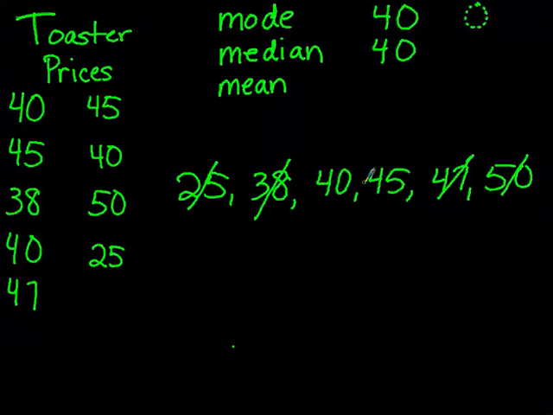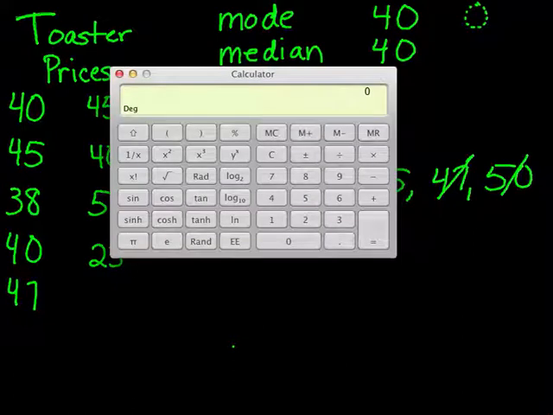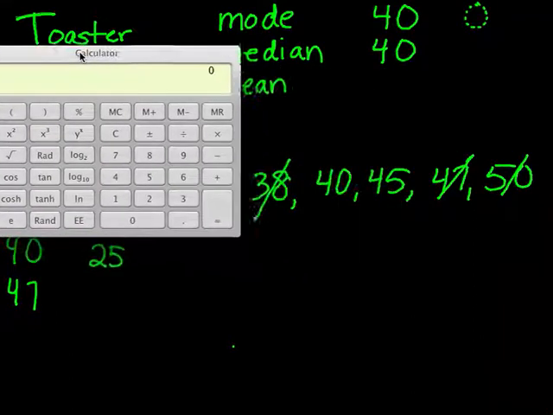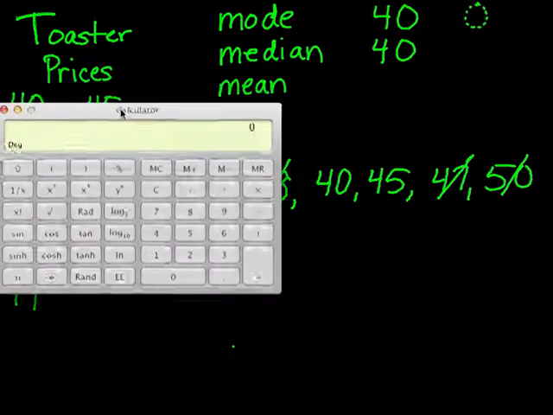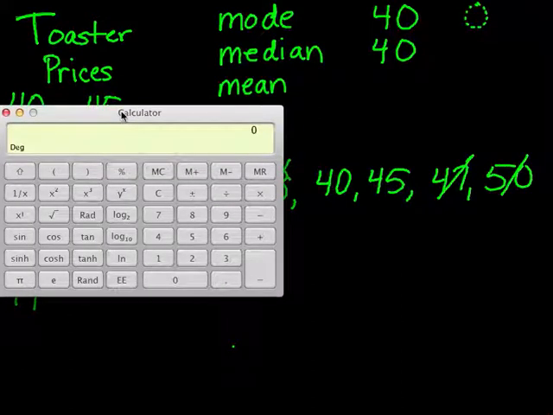So what we do now, when we get our two numbers in the center, we can use a calculator, we can use our pad, we can use paper, pencil, but what we're going to do is we're going to take the two numbers and add them together. So 40 plus 45. Once you've added those two together, you're going to divide by 2.